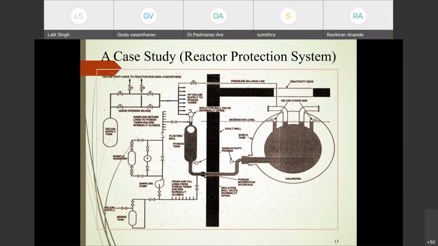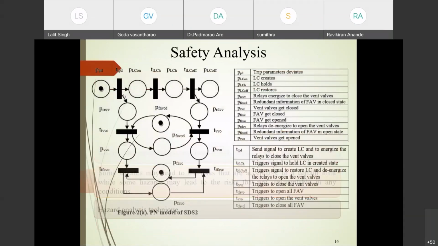So it is advisable to model the dynamics of these valves. I have created a Petri net model to capture the dynamics of these valves.